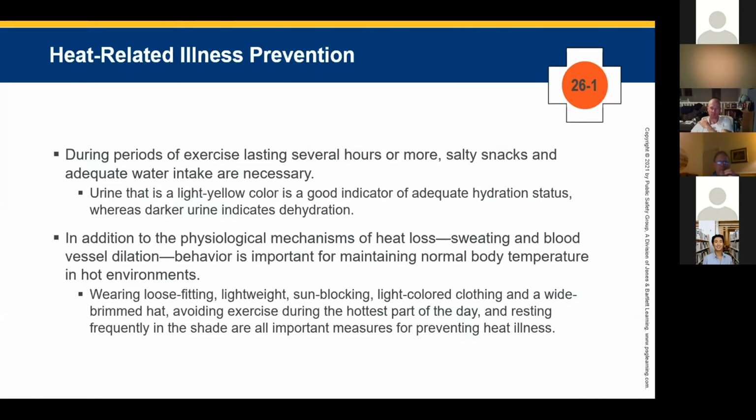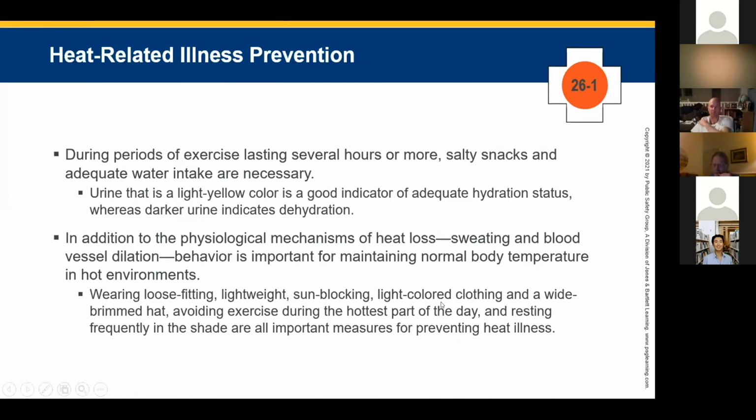Urine that is light in color is a good indication of adequate hydration status. Anything with dark urine, you're dehydrated. Did you know that? Yeah. So I think what you have to do is go urinate first and see if you're hydrated. If the color looks good, you're okay.